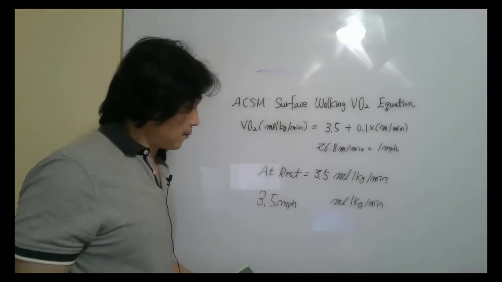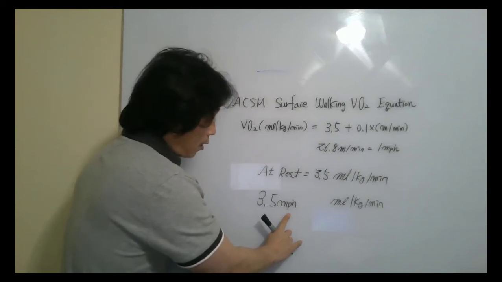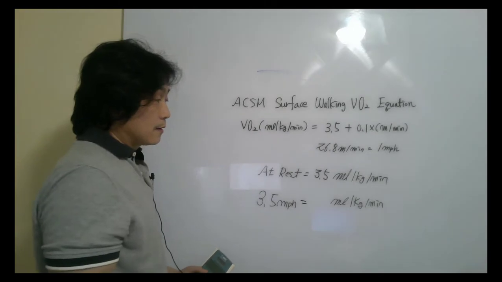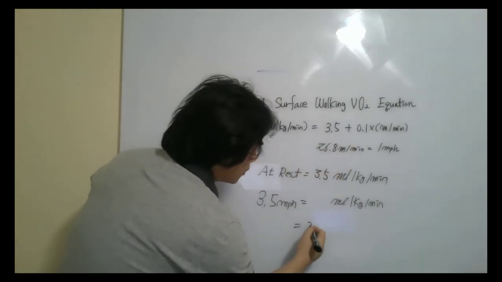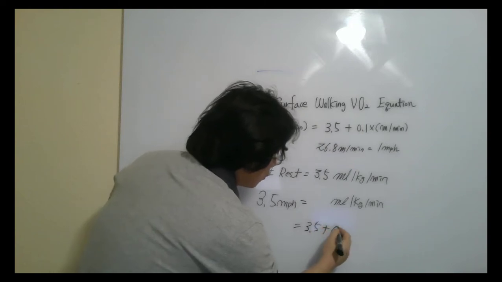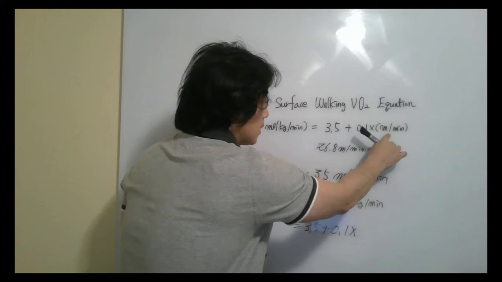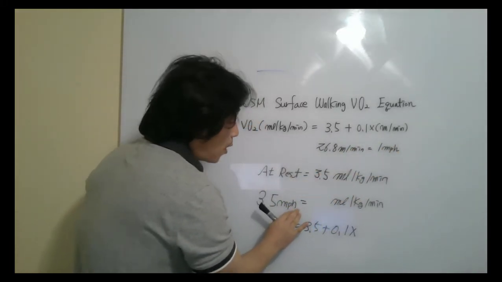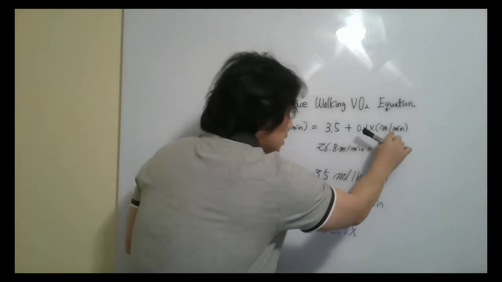However, if you walk at 3.5 miles per hour, how much is our oxygen consumption? Using this equation, 3.5 plus 0.1 multiplied by meters per minute, but we know miles per hour, so we must convert to meters per minute.